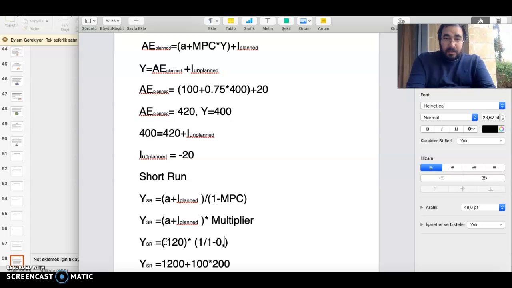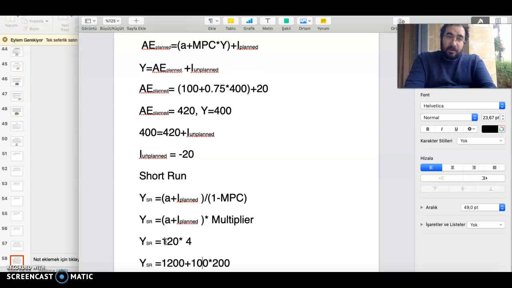This is 0.25, and 1 over 0.25 is 4. So my short-run output level is basically 120 times 4, which is equal to $480 billion in this case.